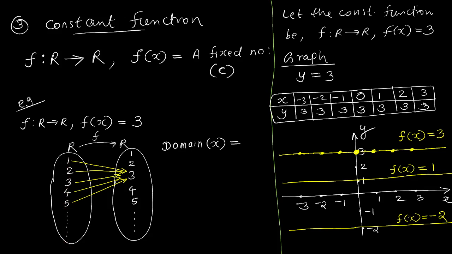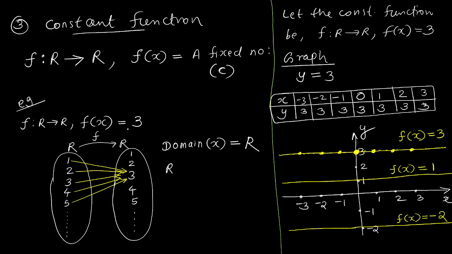So domain means the values of x. I mean the arrow starts from which number? The arrow starts from all real numbers. Or x can be any number. Just memorize that. Domain of a constant function is the real numbers.